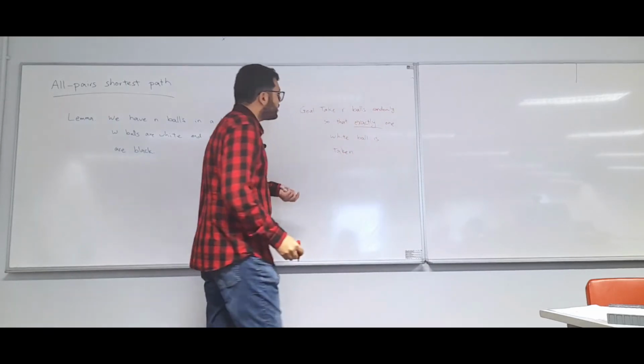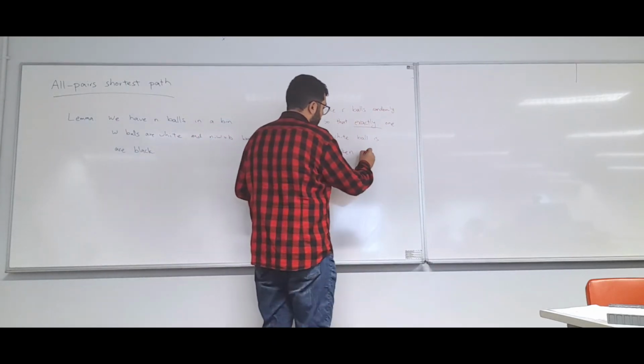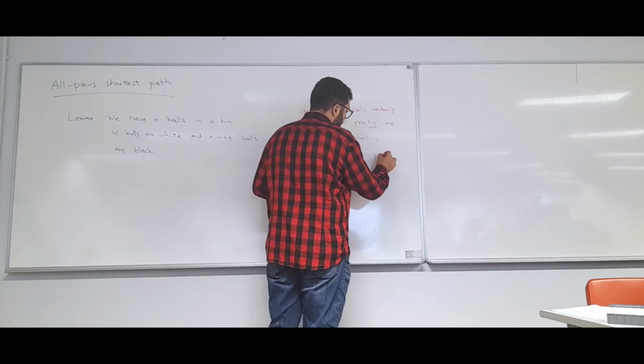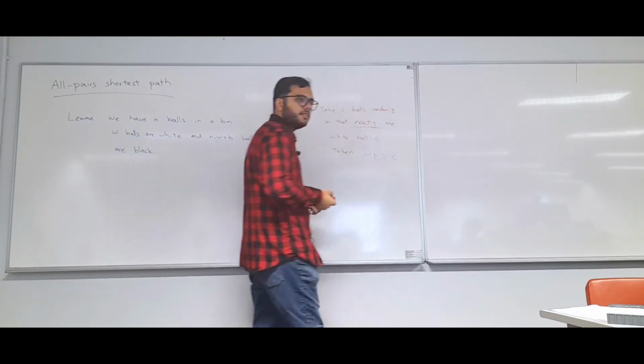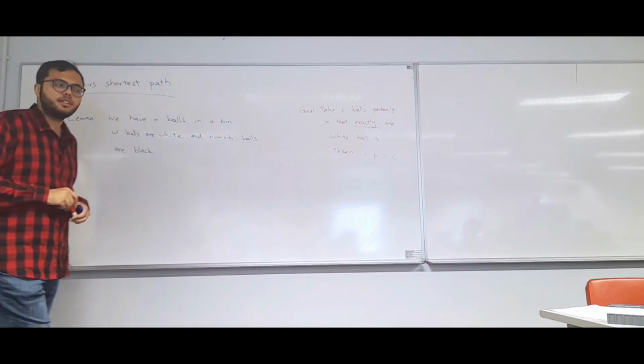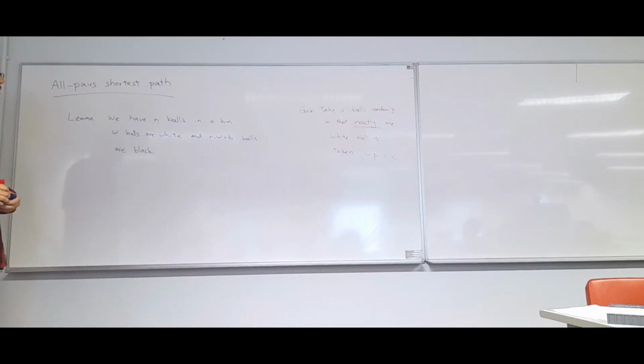And of course, I want this to happen with some probability, so let's say with probability at least some constant. Okay? So since I want to have exactly one white ball, it seems kind of obvious that I should take almost n over W balls.